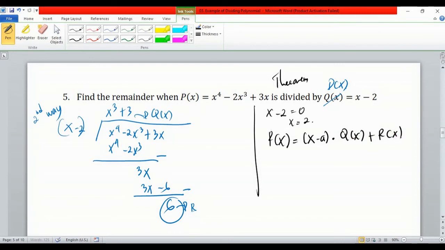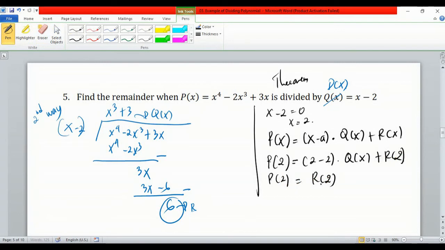So you need to change all the variable x with 2, or substitute 2, and then because we want 2 minus 2 times q(x) plus r(x), right? So this one is p(2), it's not r(2) here, but this one is r(2), I mean, not r(x). So this one is r(2).